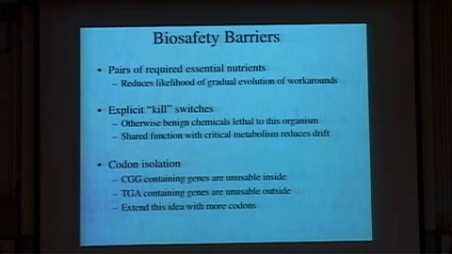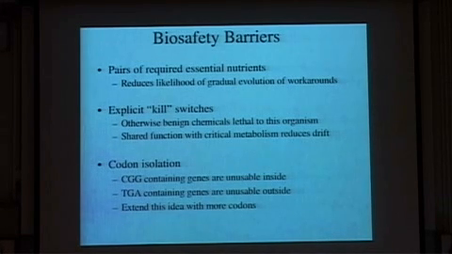One of the things that happens automatically in this organism is codon isolation. I said that UGA is used as a tryptophan codon in this organism. Since UGA is a stop codon in almost the rest of the world, when you transfer genes out of this organism, they're not functional typically.